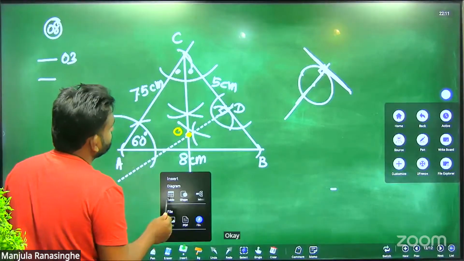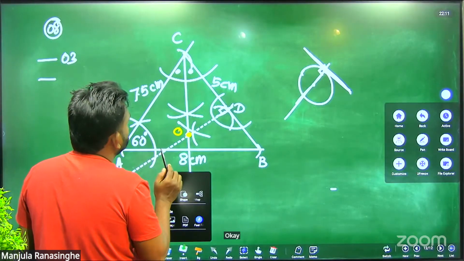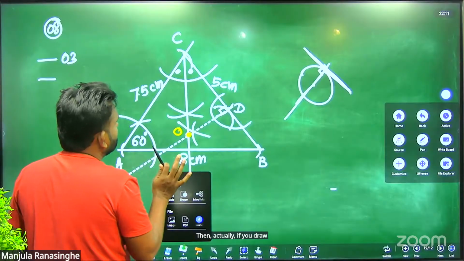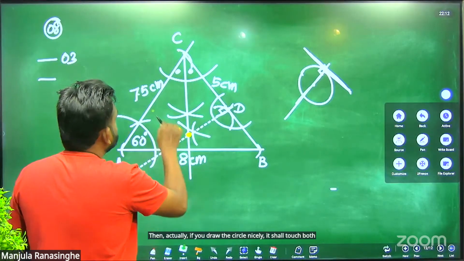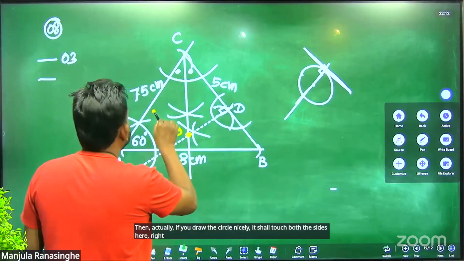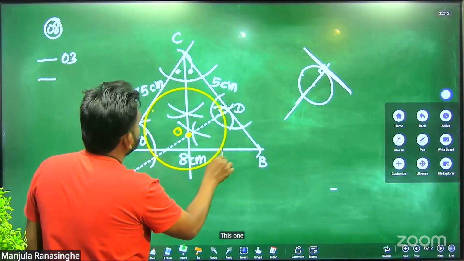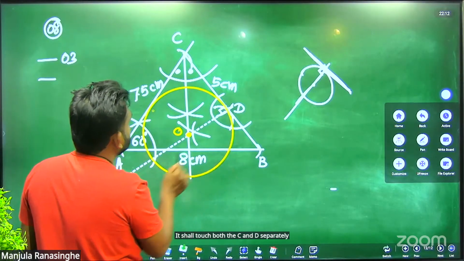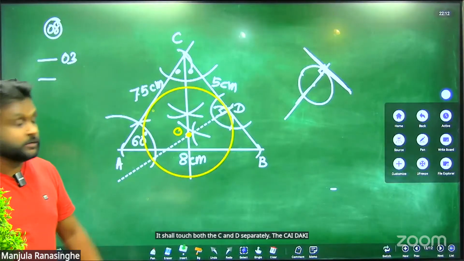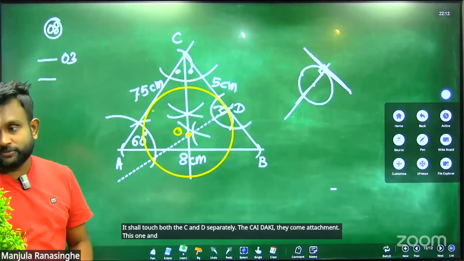Then if you draw the circle nicely, it shall touch both the sides, C and D separately. This one and this line touch.